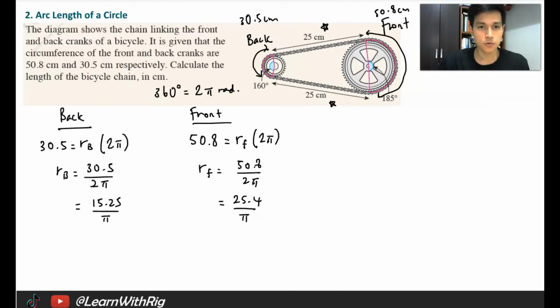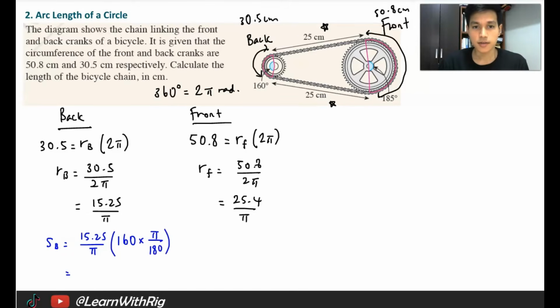So you want to find the arc length, right? So S of the back one equals to radius, 15.25 over pi, times the angle. So the angle is 160 times pi over 180.